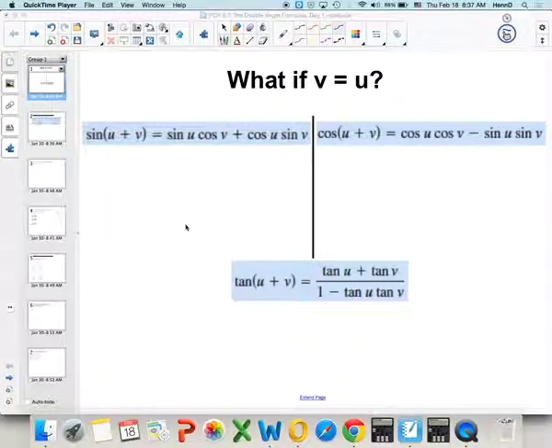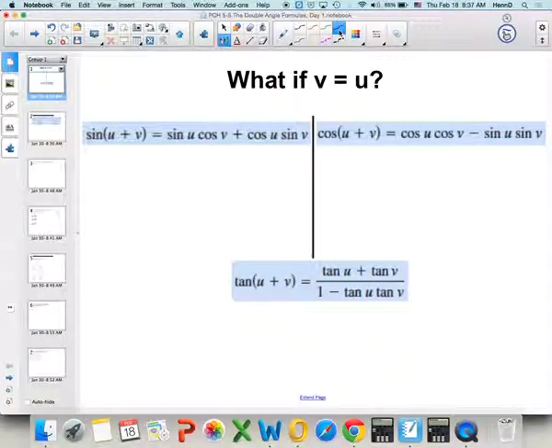So looking at these sum formulas, if we made u and v equal, we could rewrite this as the sine of 2u. It'd be u plus u. So I want to come up here and show us what you did with the sine. 2 sine u cosine u.